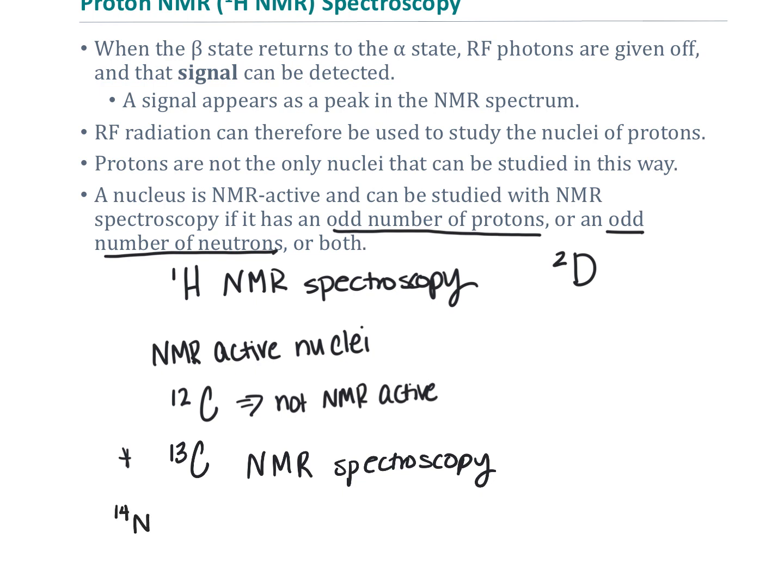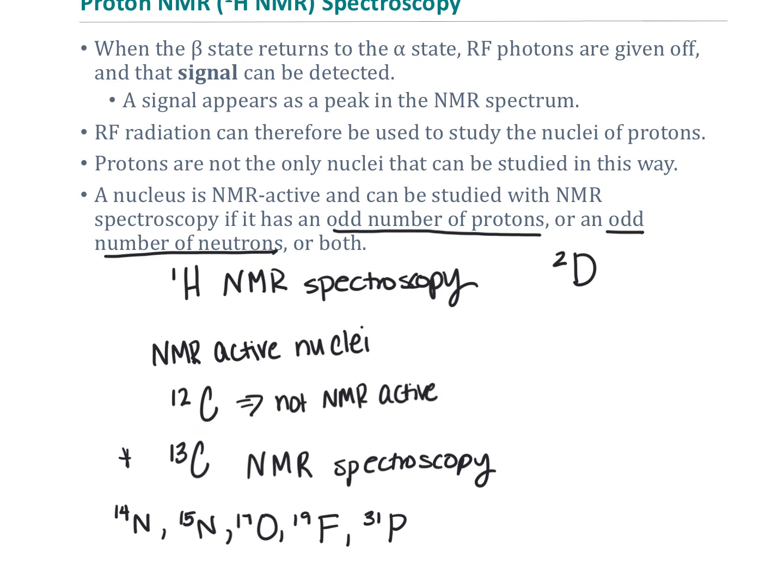You can look at nitrogen-14, nitrogen-15, oxygen-17, fluorine-19, and phosphorus. You can look at lots of different atoms in NMR. But for us in organic chemistry, we are really just more interested in the hydrogen and the carbons associated with it.